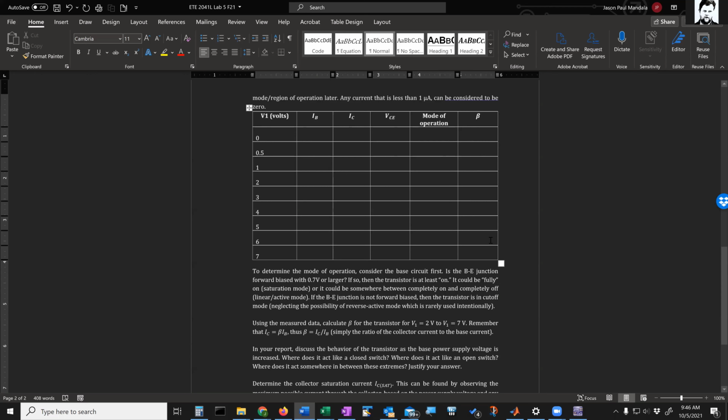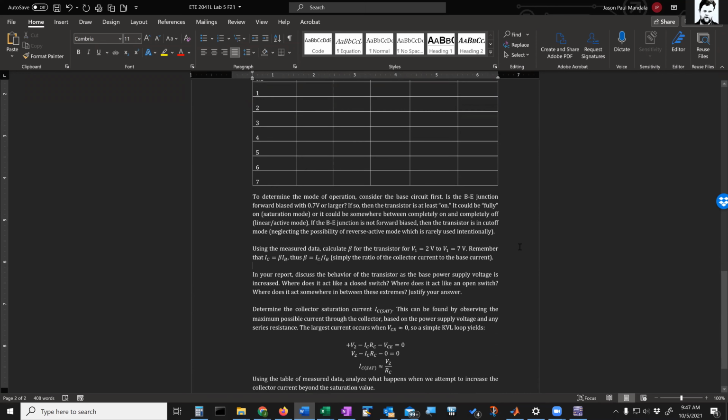But once you get in close to saturation down here, then you're going to see that the beta value is going to be dropping, right? Because collector current is staying the same, but the base current is increasing. So the denominator is going to be increasing while the numerator stays the same. So you'd expect that the beta value would be dropping in that case.